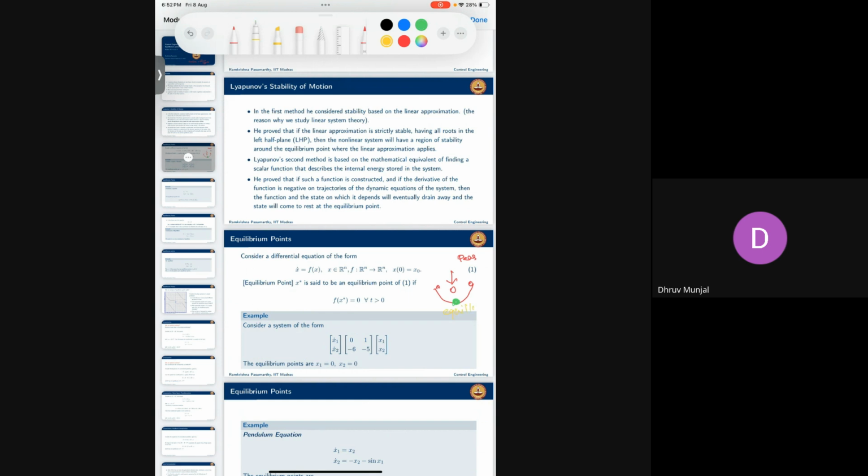We call this the equilibrium point, where there is no movement between the previous state and this state. For example, your x2 minus x1 or xn minus xn minus 1 will be 0. So can I say your x dot is equal to 0 here? The system won't move unless you give it a force, according to Newton's first law.